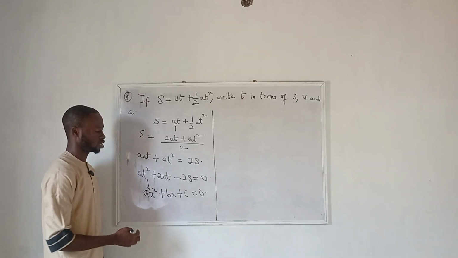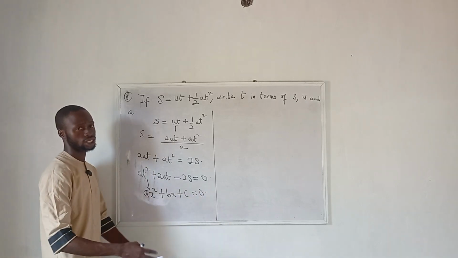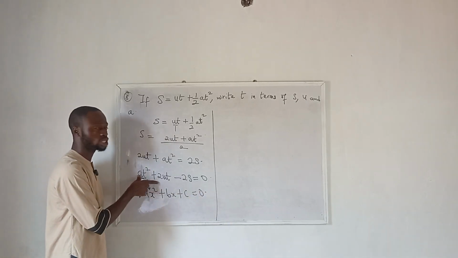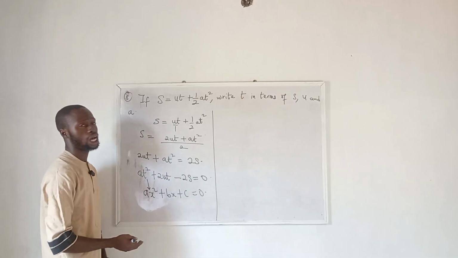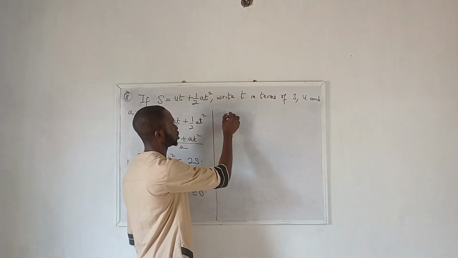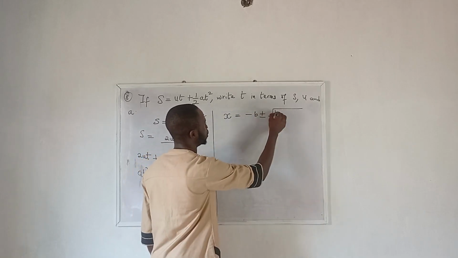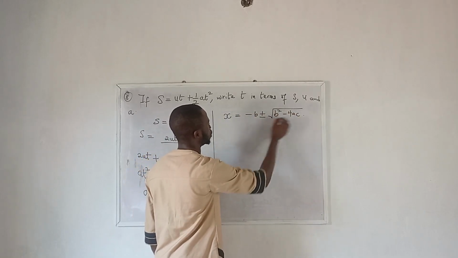That basically means that since we can find variables the quadratic way, we can also solve this particular question the quadratic way. The basic method that we can use is the formula method, which is given by x equals minus b plus or minus square root of b squared minus 4ac all over 2a.